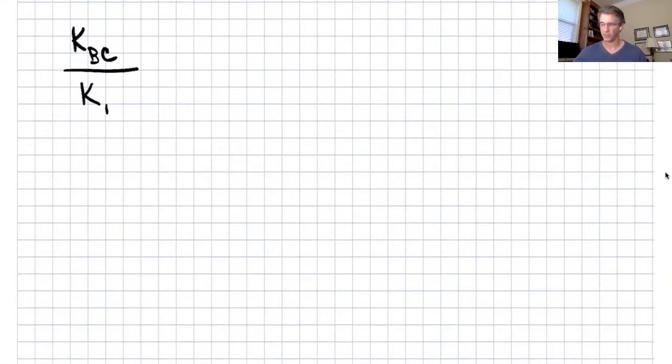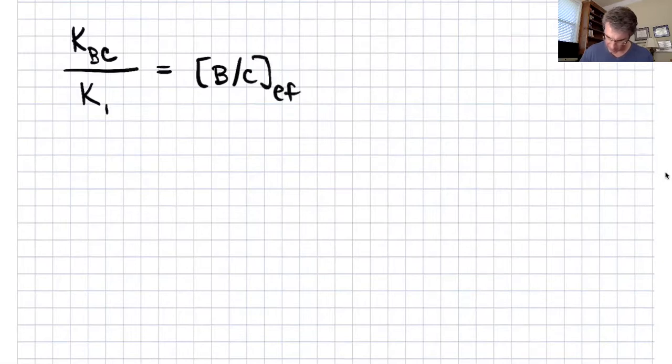The total concentration is the same. And that difference, that enhancement, that fold greater equilibrium constant, we're going to define as, I'm going to call it BC effective. We're calling this basically an effective concentration.